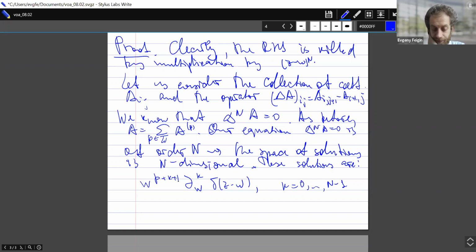Okay. So the only point is why these solutions are linearly independent. Any suggestions? We can multiply it by the difference of z minus w to the maximal power, then we obtain the coefficient before the maximal power of differentiation.